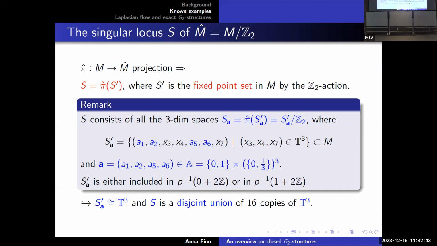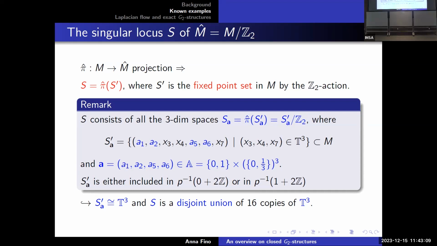What can we say about the singular locus? If we take the projection from M to the orbifold, then the singular set of the orbifold is just the image under such projection of the fixed points. And we have that S consists of 3-dimensional spaces that you could describe in that picture.